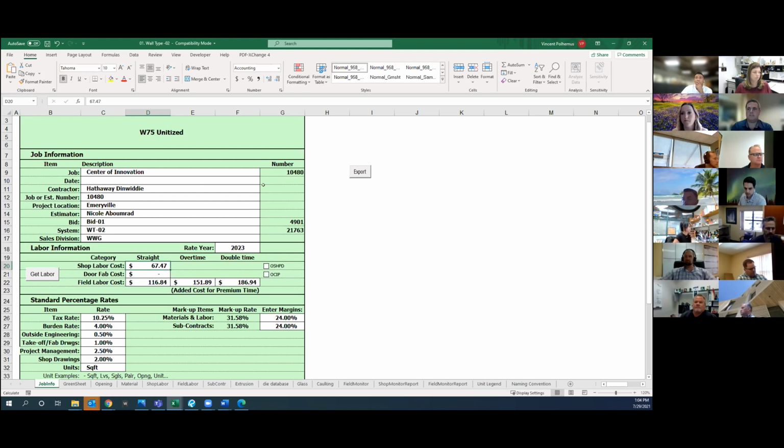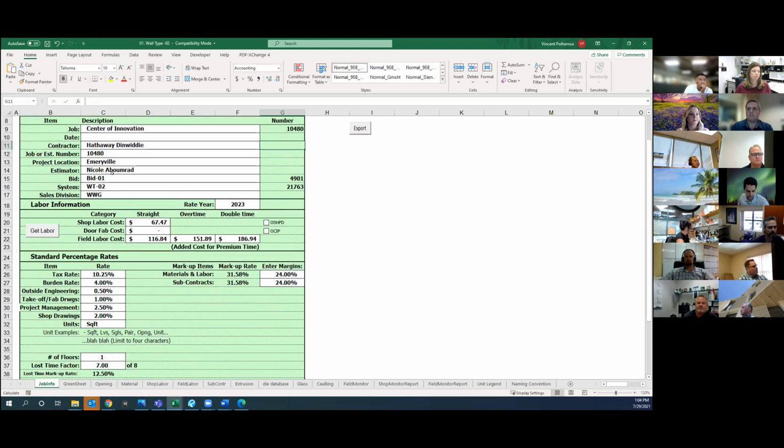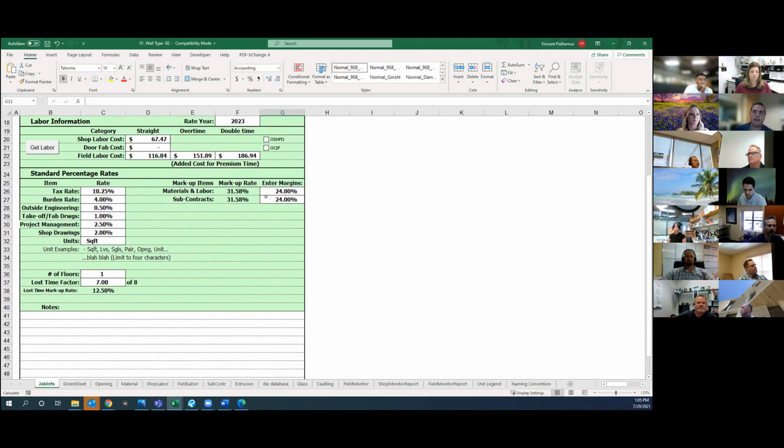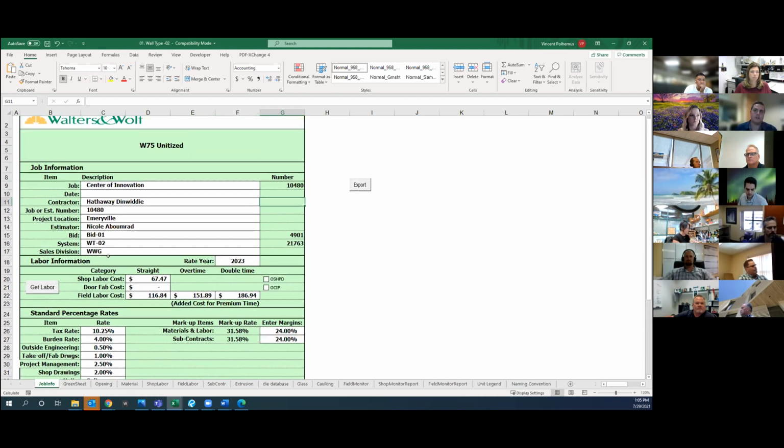Like we talked about last time we met, the first tab we always have is our job info tab, which has our information about what the job is, who the contractor is, what labor rates we have, as well as information about the margin and what our percentage rates we're using for all of our PMD&E: outside engineering, takeoff and fabs, project management, and shop drawings.